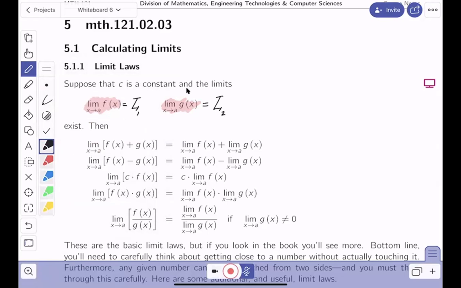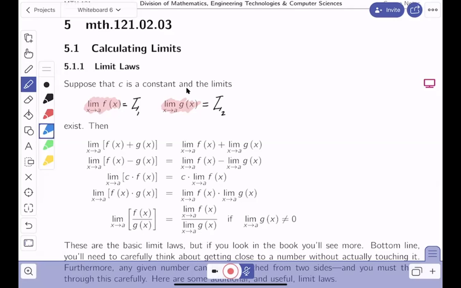If C is a constant, and the limit of the first function, f of x, as x goes towards a, and the limit of the second function, g of x, as x goes towards a, are both finite, what do you have? I'll write this down for you.